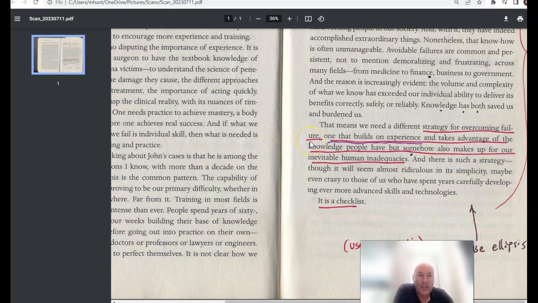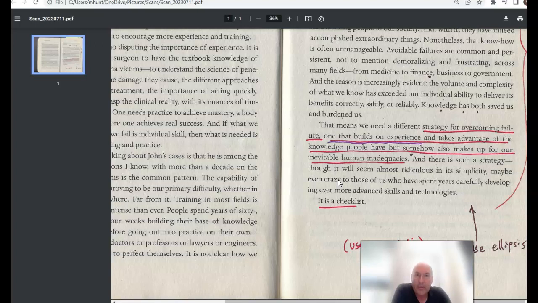So that is why he needs to talk about teamwork, and there's nothing about teamwork really here in this introduction.